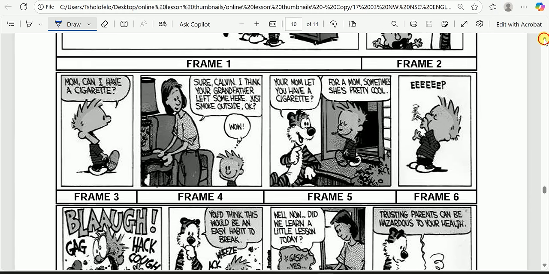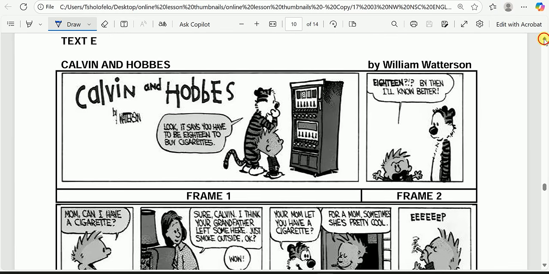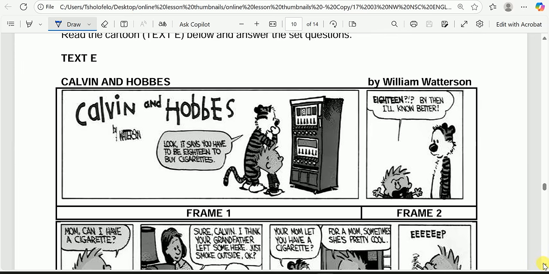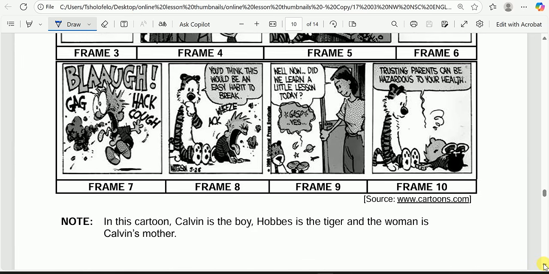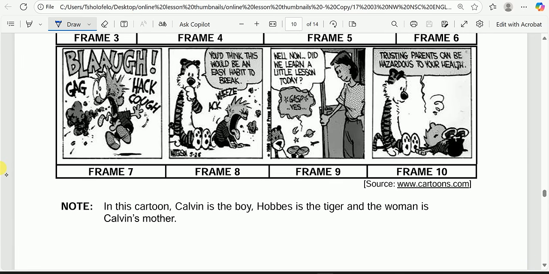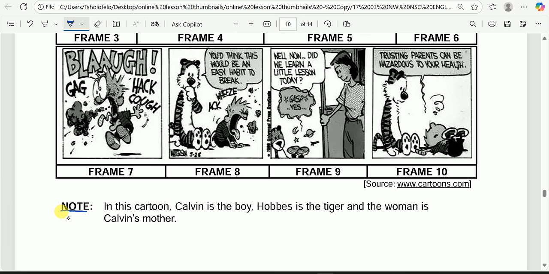And in the first frame, we see Calvin and Hobbes. Let me just go down again and see if there's a note. Normally we have a note. Yes, examiners will always include a note. In this cartoon, Calvin is the boy, Hobbes is the tiger, and the woman is Calvin's mother. So we've got the 3 characters.